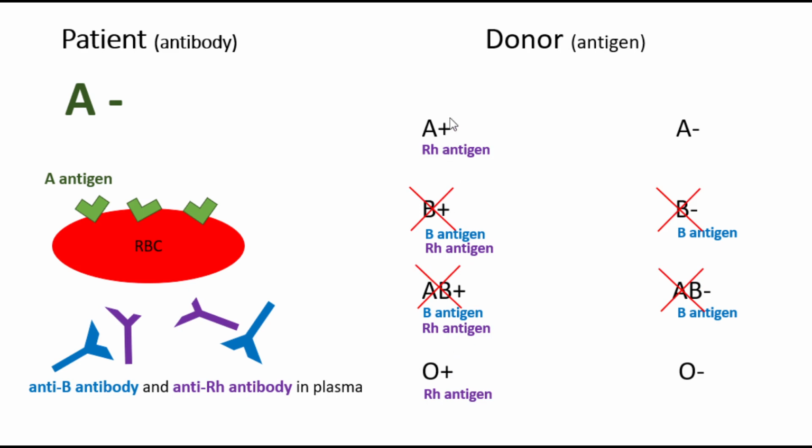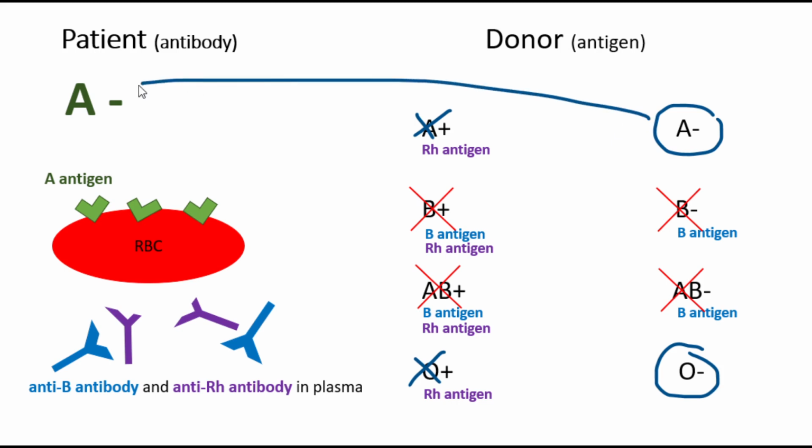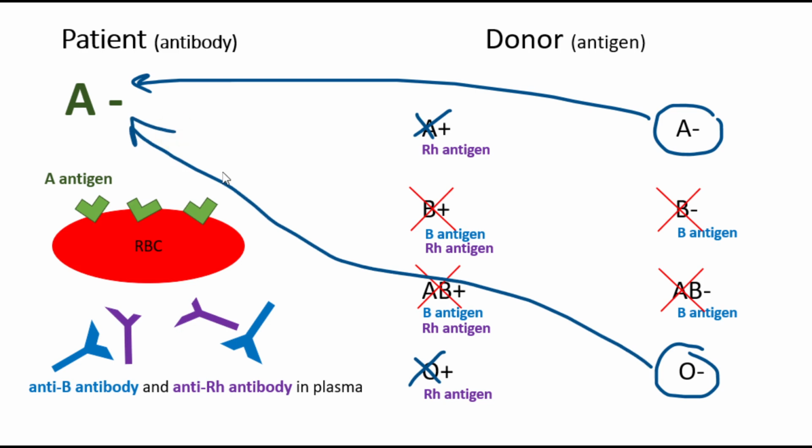So all the positive blood types should be eliminated from the list, and I end up with the 2 donors whose blood my patient with A negative blood type accepts. One would be the exact same blood type, and the other one would be the blood type that in theory we call the universal donor, O negative blood type.